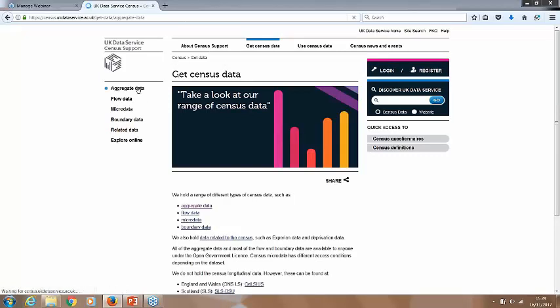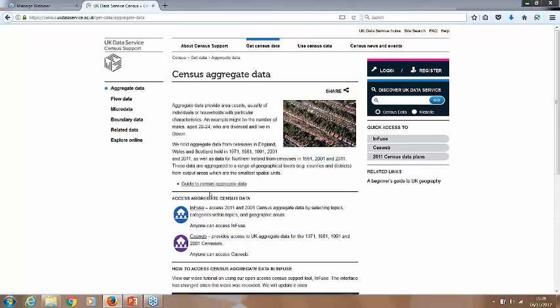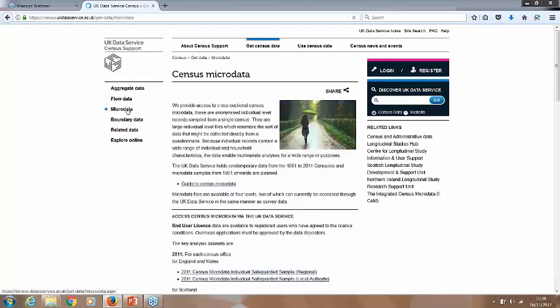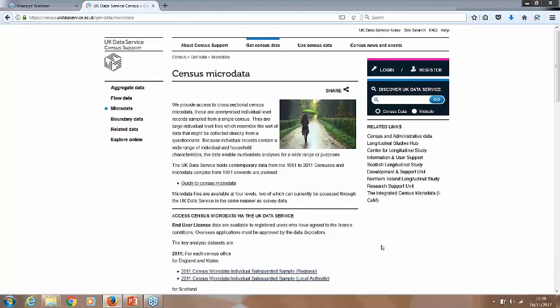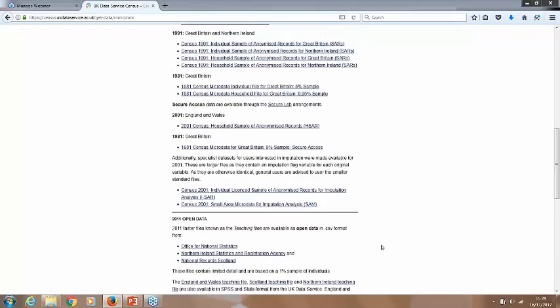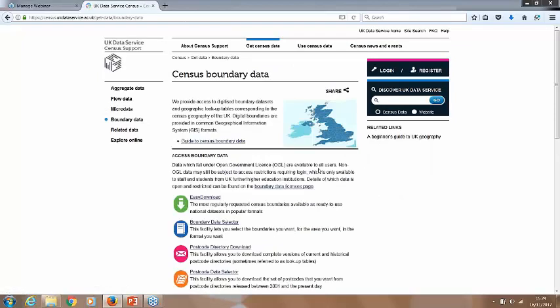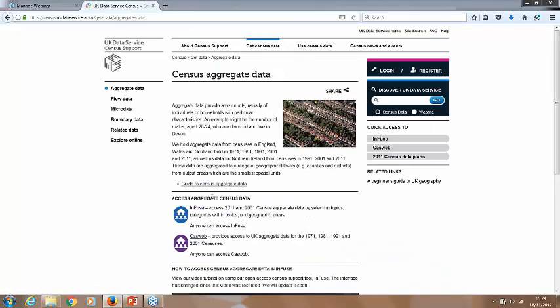So aggregate data, I'm going to do a demo of that in a moment, but you can see there's two different applications there. Flow data, an application called WICID is there, the microdata, and this is all the different ones here. And boundary data, again, there's quite a few different interfaces in there. I'll do a very quick demo of Infuse.